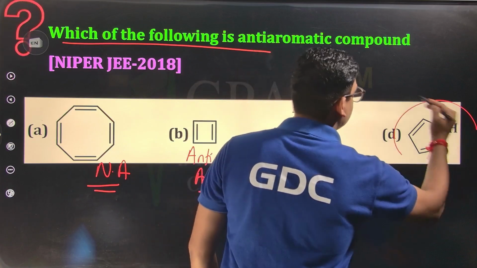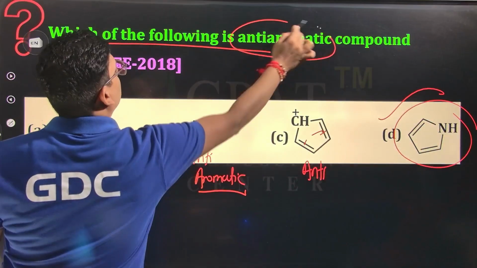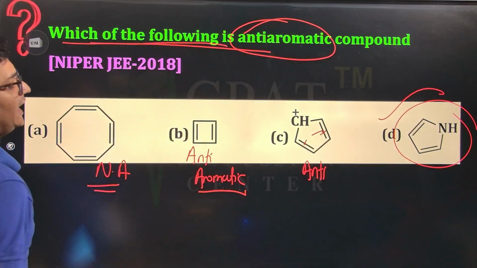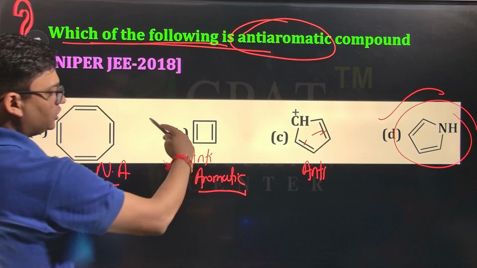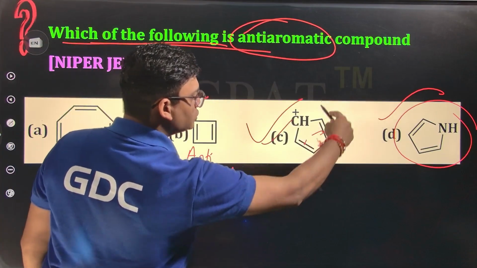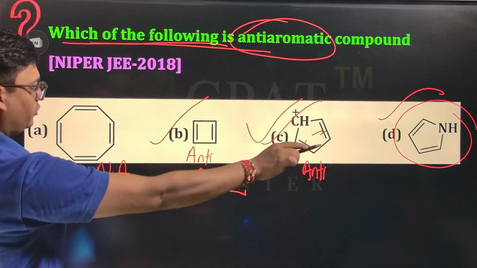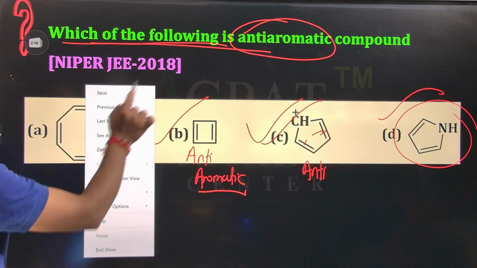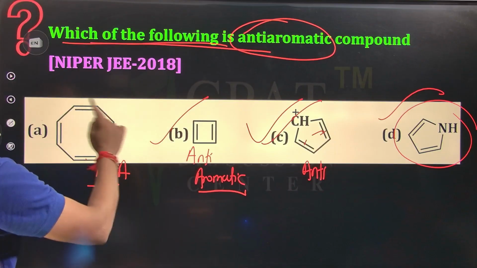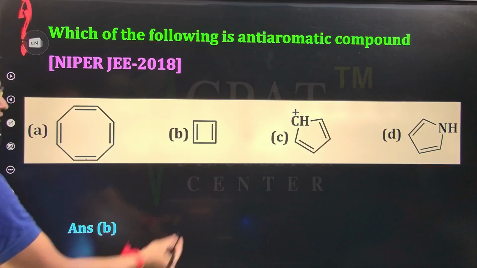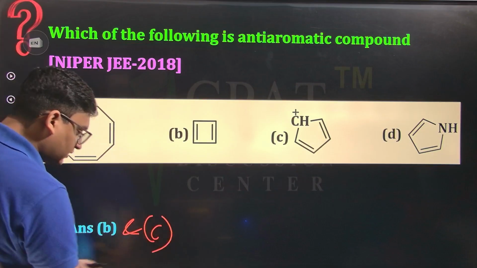Pyrrole is an aromatic structure. What has been asked? Anti-aromatic. So this is also anti-aromatic and this is also anti-aromatic. That is aromatic, this is non-aromatic. Anti-aromatic has been asked. Okay, so both of them can be correct, B and C. B and C both are correct.